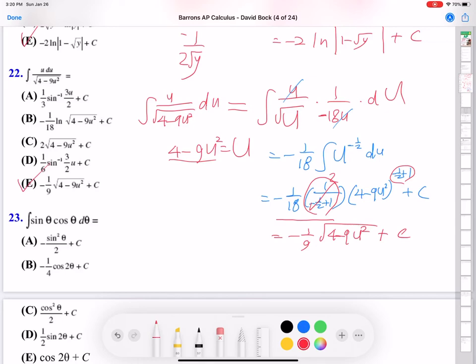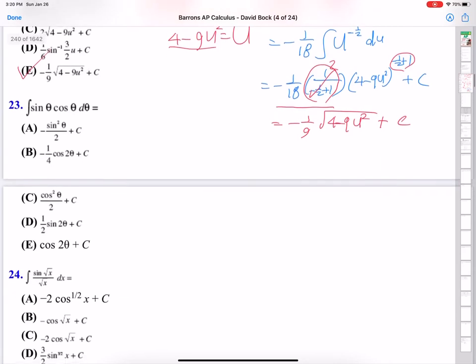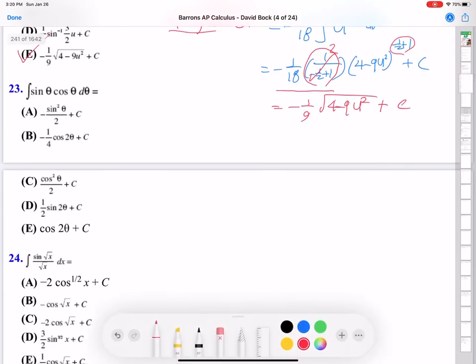Number 23. Okay, cosine theta d theta. Anything can be the u part, right? I just put the sine theta part as u. Integral u times cosine theta times 1 over u prime. The derivative of sine is cosine, so cosine theta and du cross out.